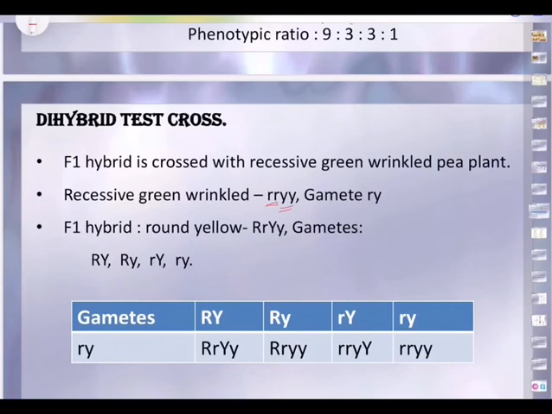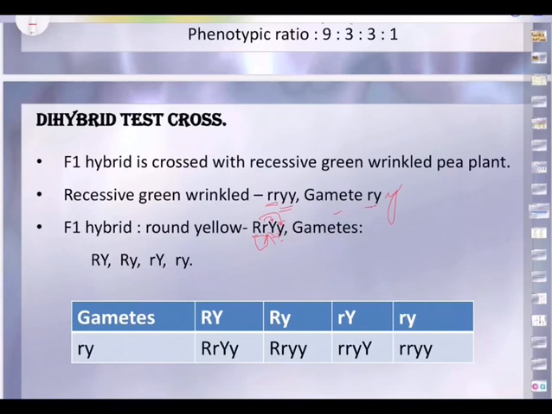And we can do a test cross also. The F1 hybrid is crossed with the recessive green wrinkled pea plant. And recessive green wrinkled is recessive small r, small y, correct? And the corresponding gamete that will be formed is small r, small y. So you can write this way just to differentiate. And the F1 hybrid is round yellow, capital R, small r, capital Y, small y.